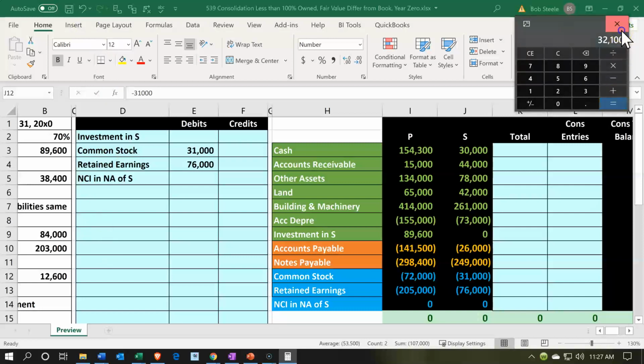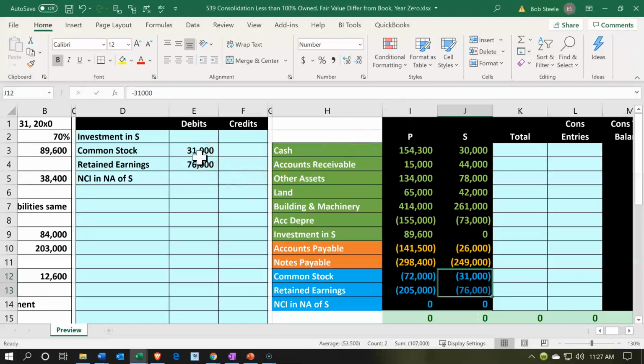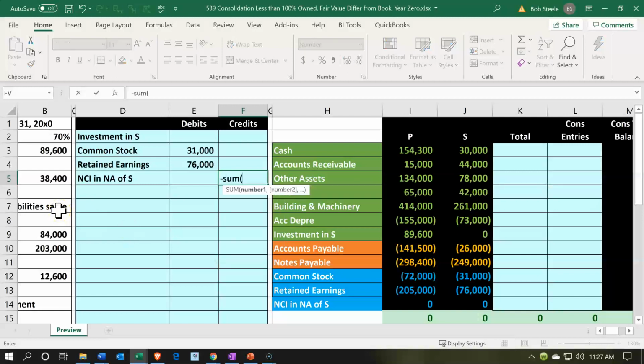Let's do that with a formula now. So I'm going to need a credit over here. These are debits. We're going to have to temper this out with a credit and represent the portion here that's going to be the non-controlling interest in the equity section, which is going to be a credit. So I'm going to say, let's say negative sum. Now note, you might take the negative sum over here. I'm going to say assets minus liabilities, or you could say the equity section, or in this case, you could say the negative sum of these two numbers, which represent the equity section, right?